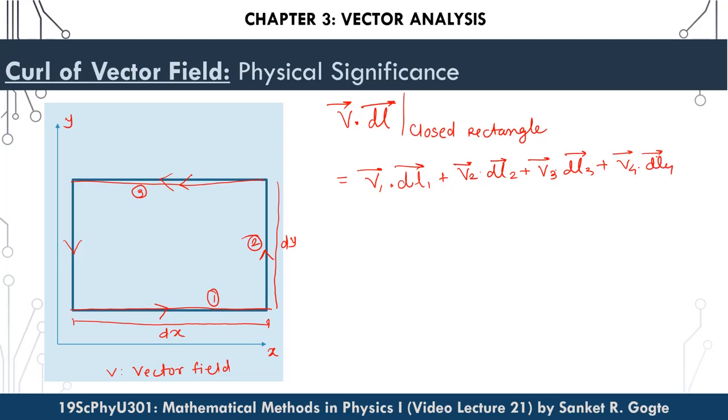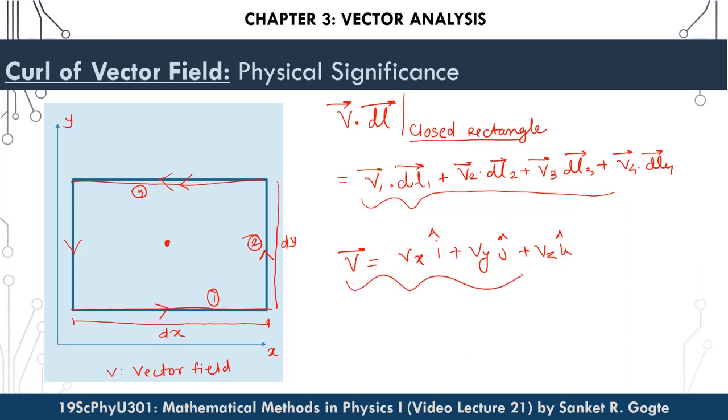So when we consider the sum of the 4 dot products, we will get this integration over the closed loop which is along positive z-axis. Suppose at the center of this loop, vector field v is given by vx i plus vy j plus vz k.